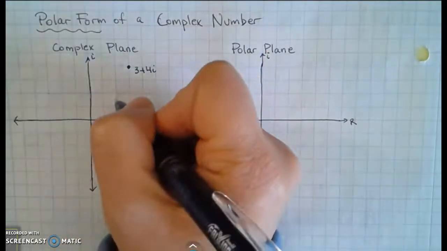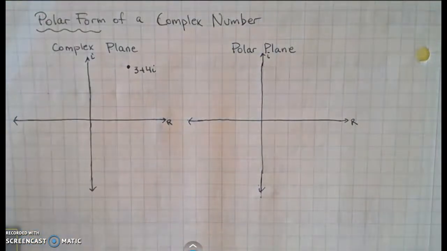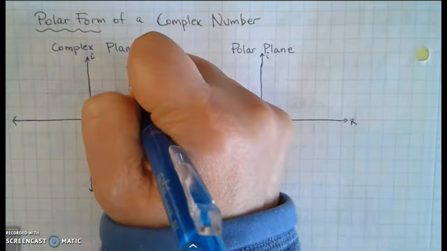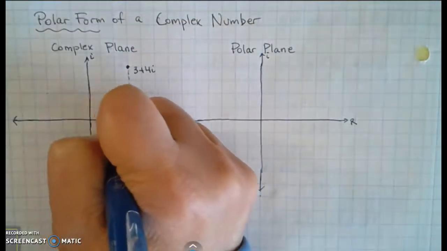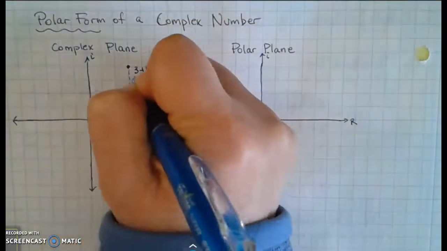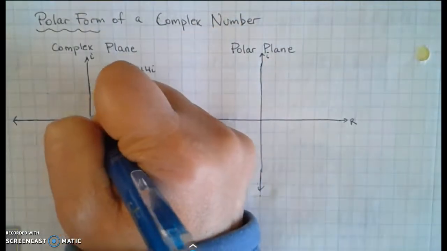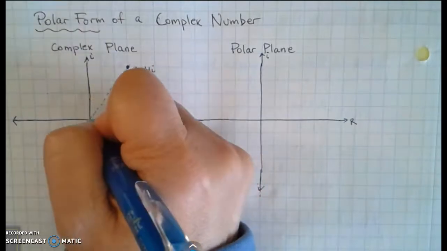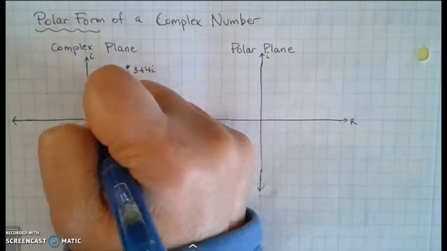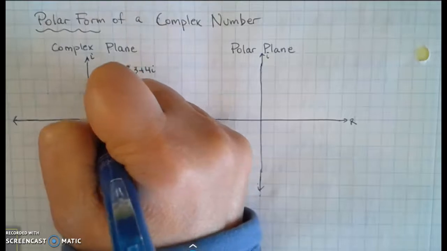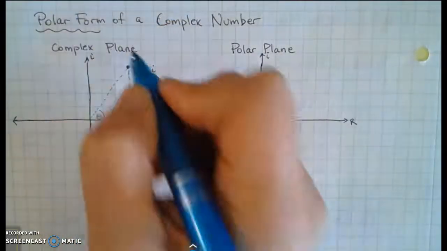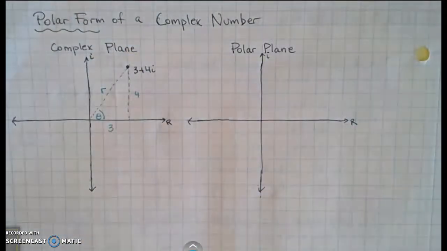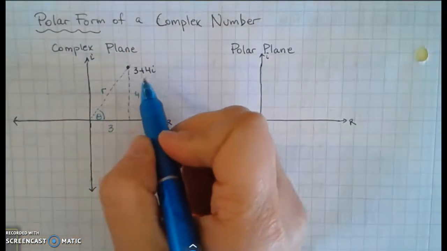If I draw a triangle, this is going to have the value of 4, and this is going to have the value of 3, or a and b here. And if I draw a line from the point to the origin, that is going to give my measure of theta, and the radius would be represented by the distance, the absolute value of the complex number we just found.